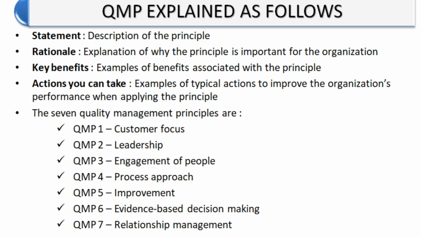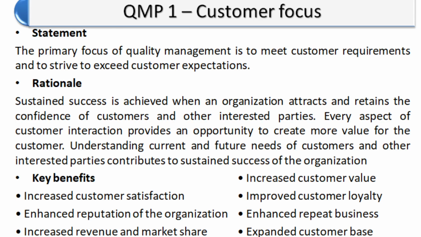That is, first is customer focus, second leadership, third engagement of the people, fourth one process approach, fifth one improvement, sixth one evidence based decision making, seventh one relationship management. So in today's lecture we are going to see the first principle, that is customer focus. Okay, so we'll start with this.